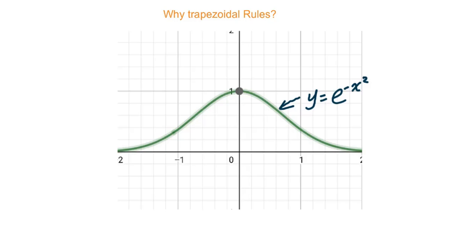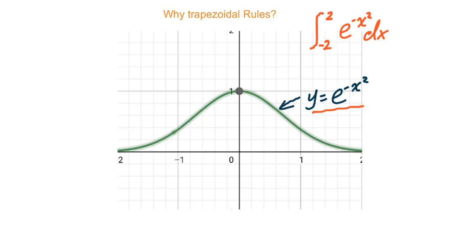For example, like this function. We know this graph is a normal distribution, but if we want to work out the integral from -2 to 2 of e to the negative x squared dx without a graphing calculator, we try to work this out by hand.